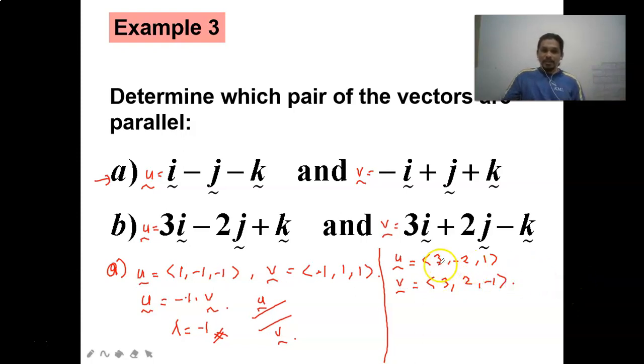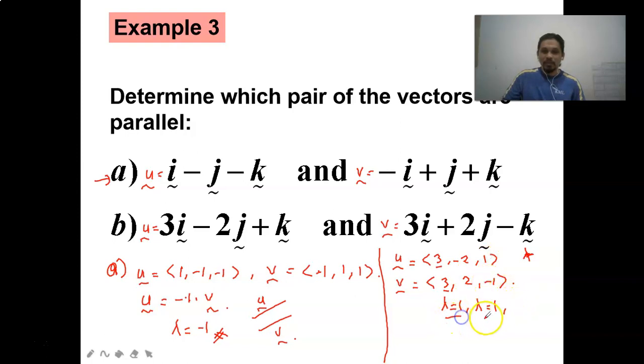Between 3 and 3, both are positive 3, so we compare this and this, then lambda equals 1. Between the magnitudes of j, negative 2 and 2, then lambda is negative 1. And between the k components, 1 with negative 1.